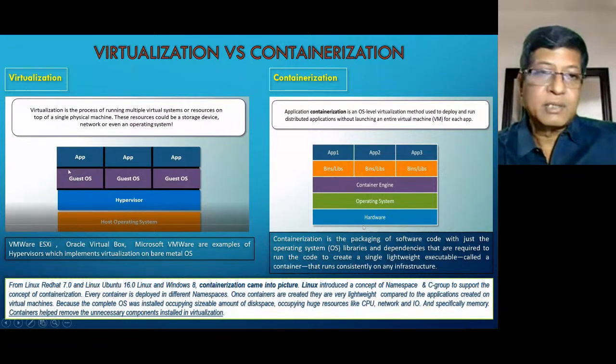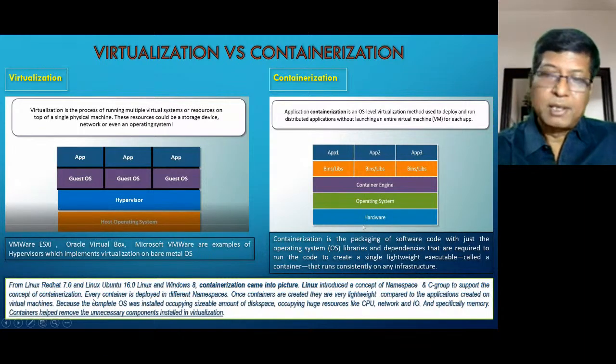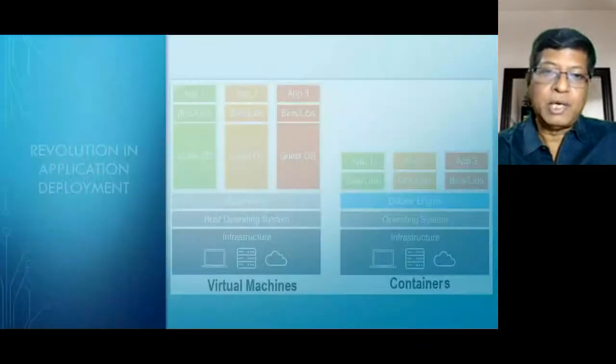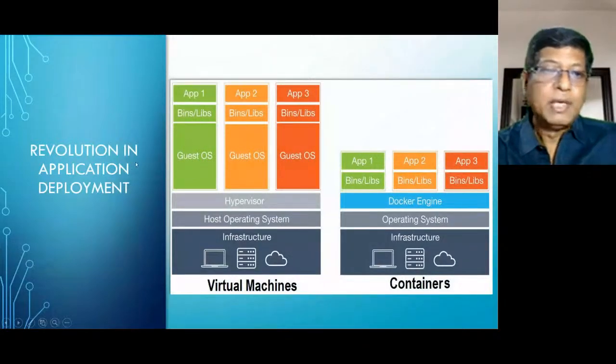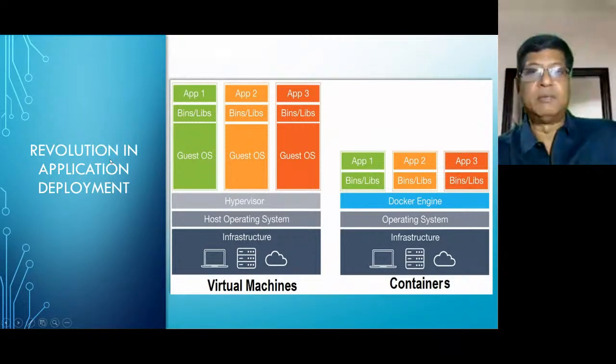So all these things are very heavy. This application becomes very heavy, and specifically memory. So fine, we move on. We have understood the concept. Revolution in application deployment. This is a revolution in the real sense of the term.